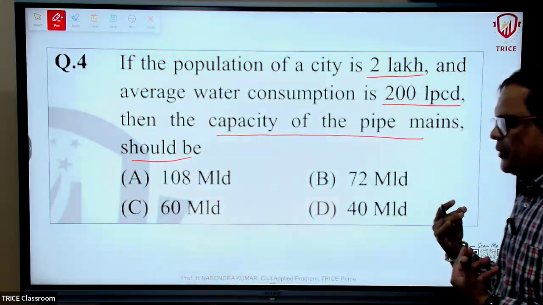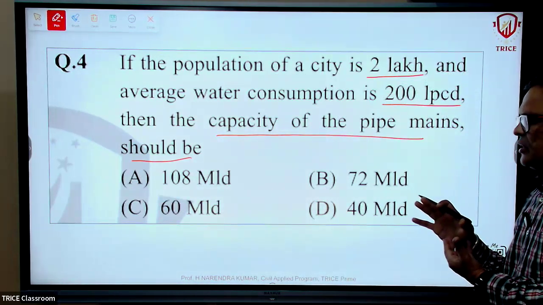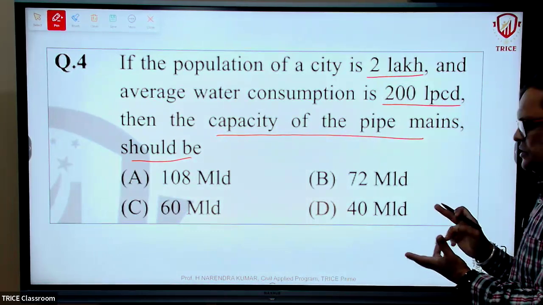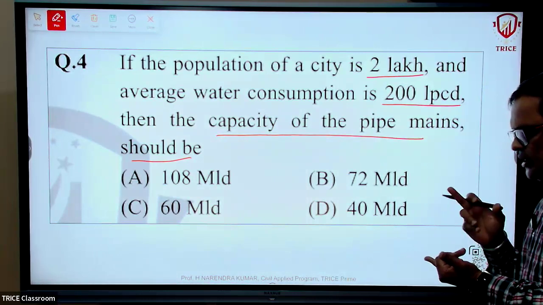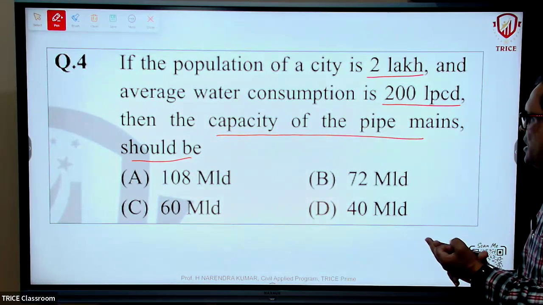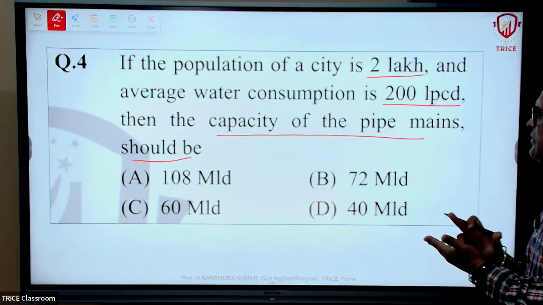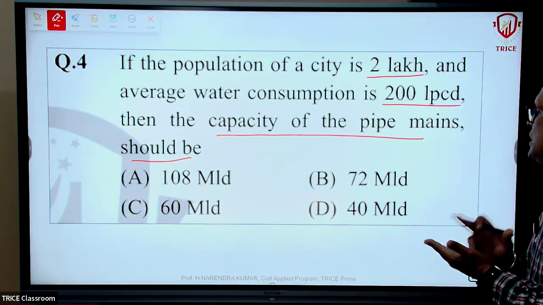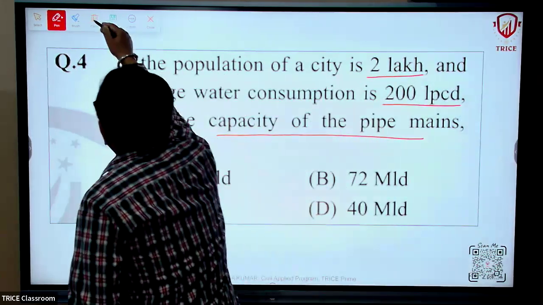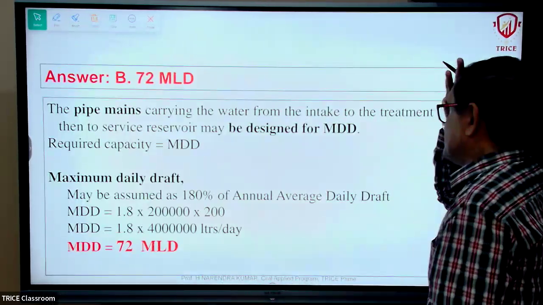So we need to remember the impact of variation of the demand on the capacity calculation, starting from the intake structure, pipe mains, distribution reservoir, and so on and so forth. Each and everything has its own way of calculation. So you need to remember those thumb rules for the calculation.